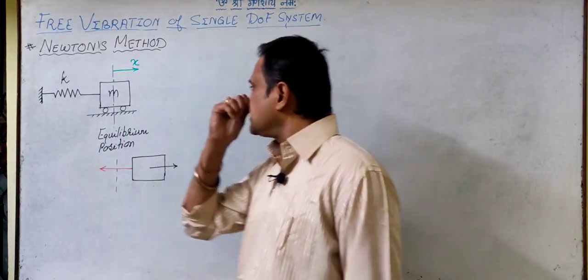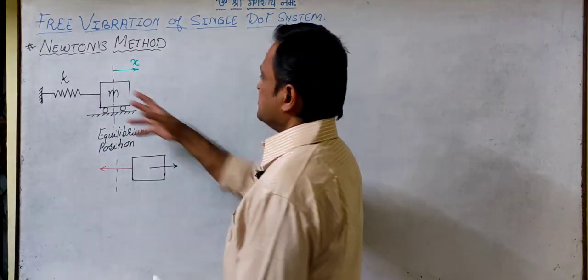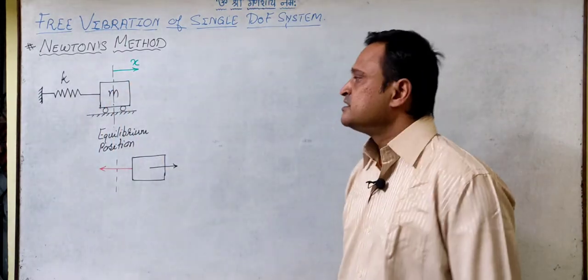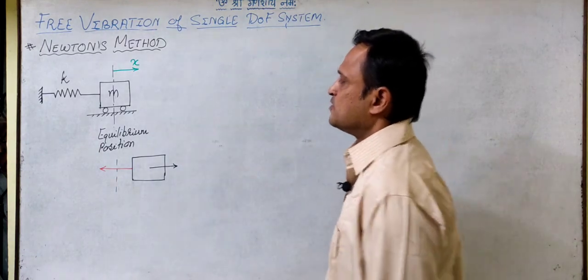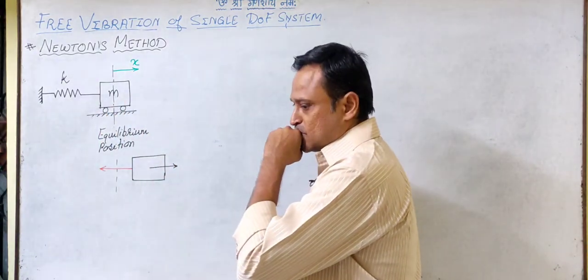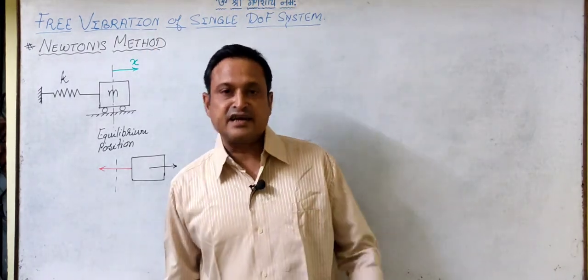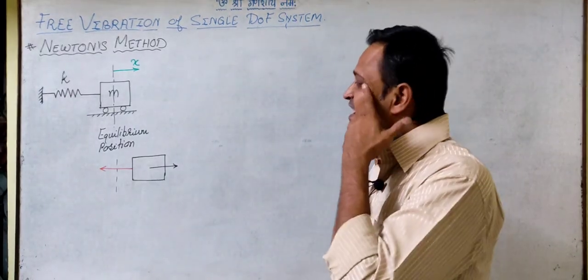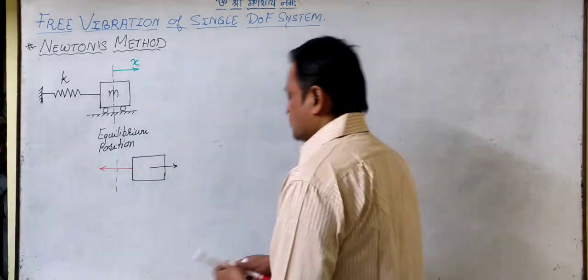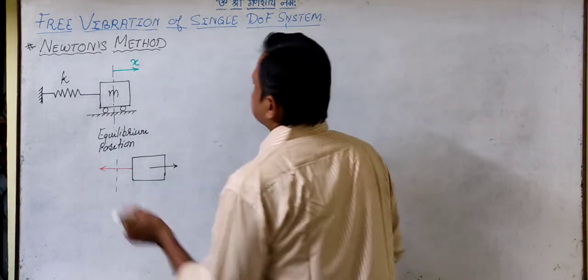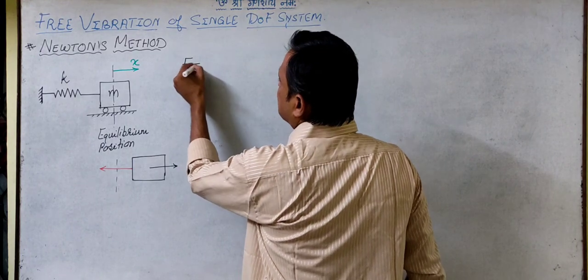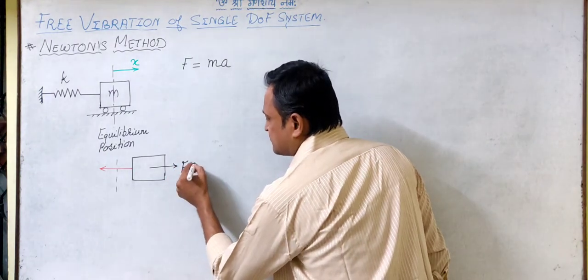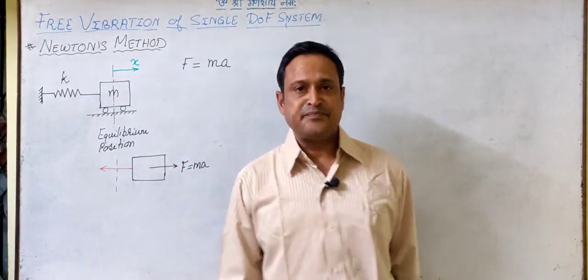In the horizontal direction, when this mass is displaced by x at time t, according to Newton's law the force exerted by this mass will be mass into acceleration. So this force F in the horizontal direction will be equal to mass into acceleration.